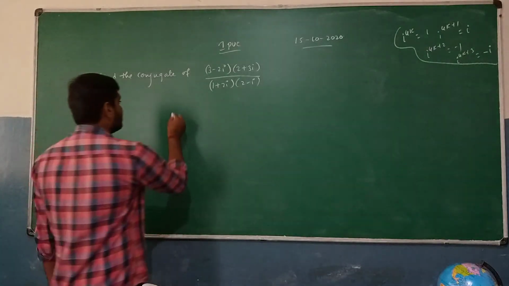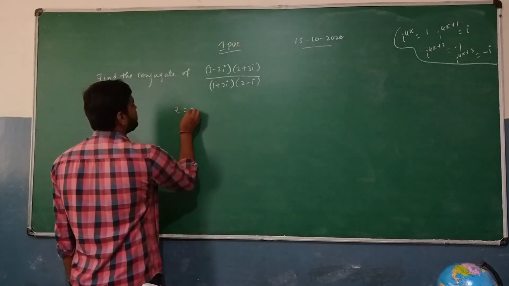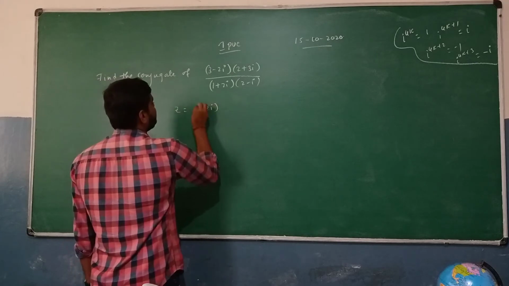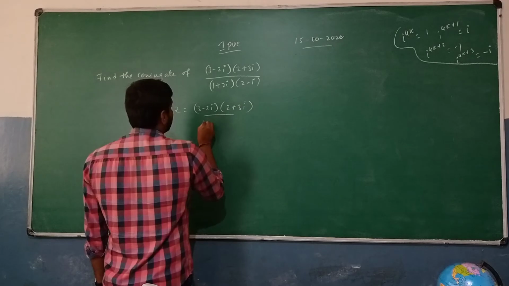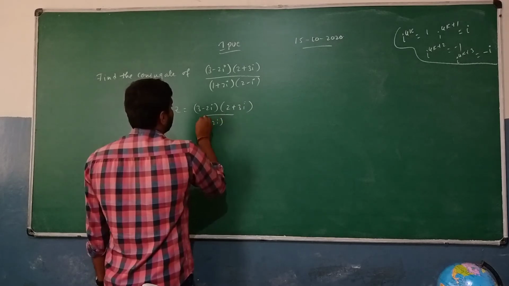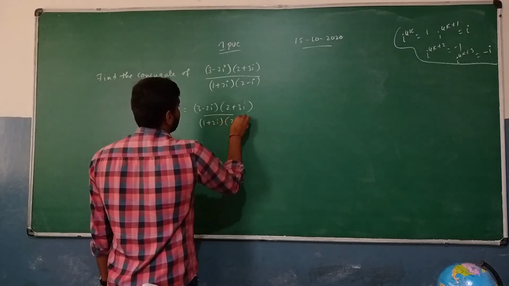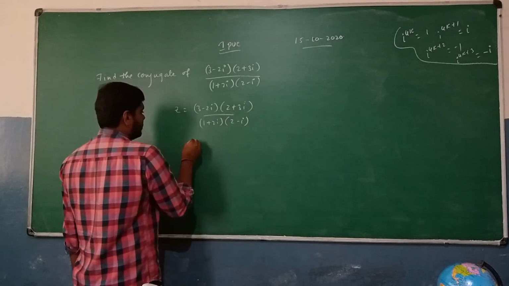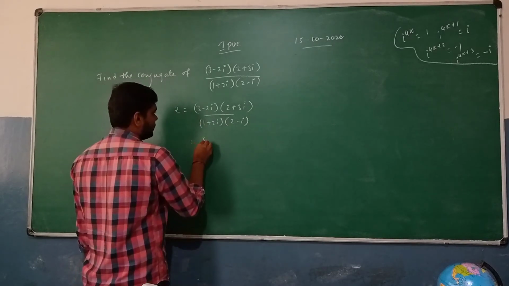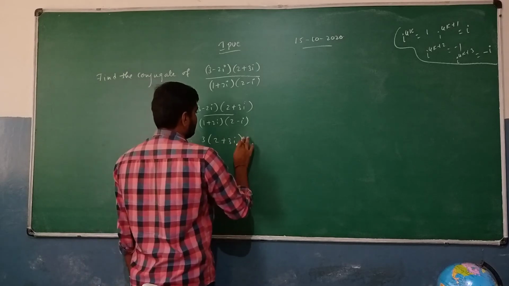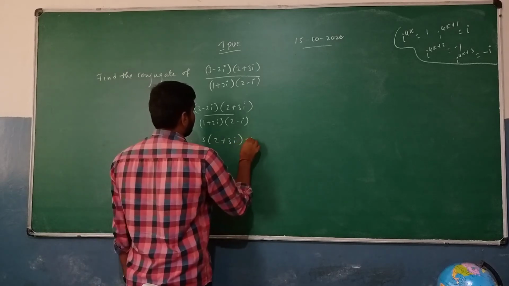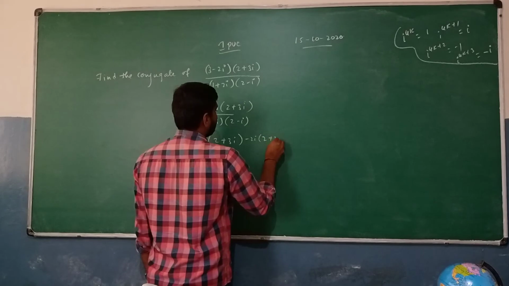So here we can express it in the form of z is equal to 3 minus 2i into 2 plus 3i divided by 1 plus 2i into 2 minus i. So we need to multiply these things. So 3 into 2 plus 3i, minus 2i into 2 plus 3i.